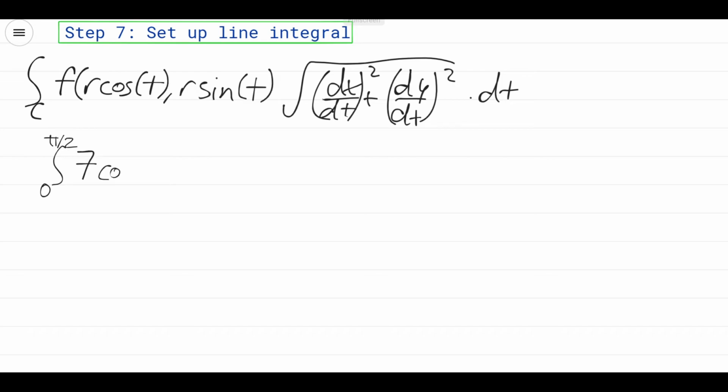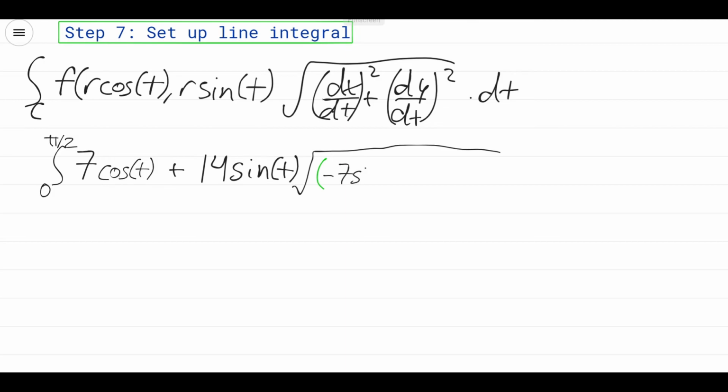We know f of r cosine t is 7 times cosine t plus 14 sine of t, because 7 times 2 is 14. And then we know our dx over dt. Our dx over dt is negative 7 sine of t, squared, and our dy over dt is positive 7 cosine of t, squared, times dt.